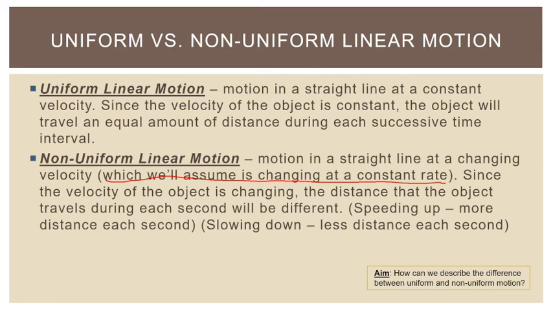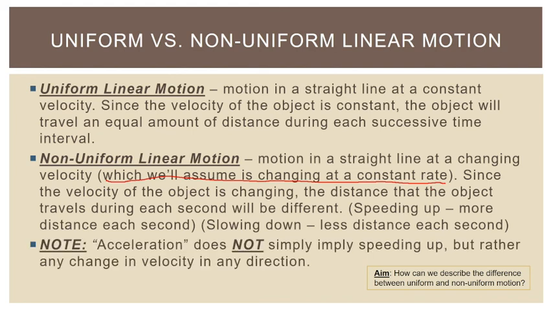Since the velocity of the object is changing, the important point here is the distance that the object travels during each second will be different. And so if it's speeding up, it'll travel more distance each second. And if it's slowing down, it'll travel less distance each second.